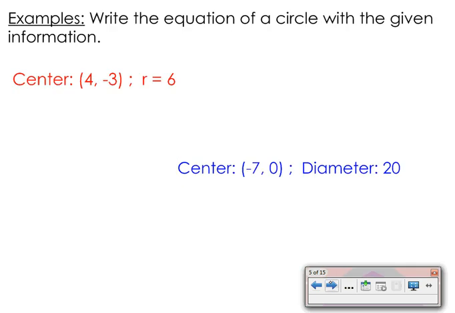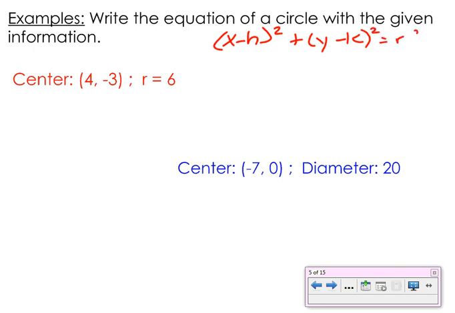The next thing we're going to attempt to do is write the equation of a circle given those pieces of information. Now, the key thing to remember is the equation of a circle. So that equation of a circle is going to be x minus h squared plus y minus k squared equals r squared.